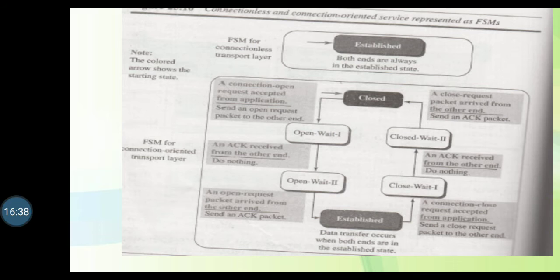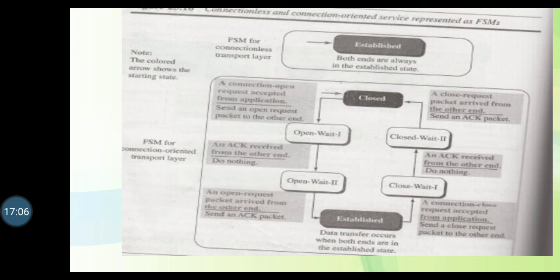Rounded corner rectangles show states, and colored text shows events. This is the initial state. Regular black text shows actions.